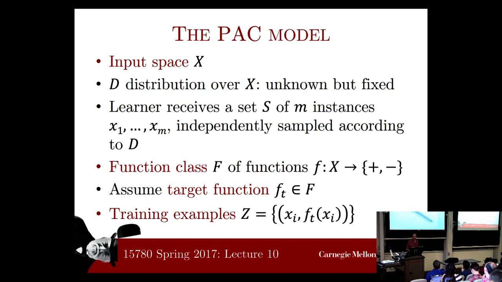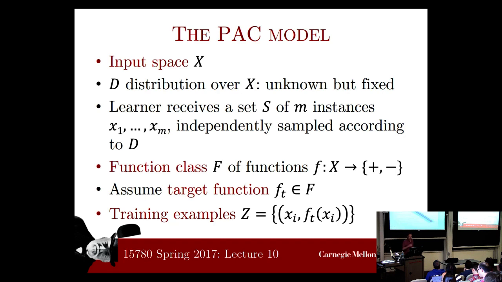And we're going to have a fixed distribution denoted by capital D over X, our input space. This distribution is unknown to us. Essentially, we're going to get examples drawn from this distribution, and we're going to try to do well with respect to this distribution, even though we don't know what it is. But the important thing is it's going to be fixed throughout the learning process.